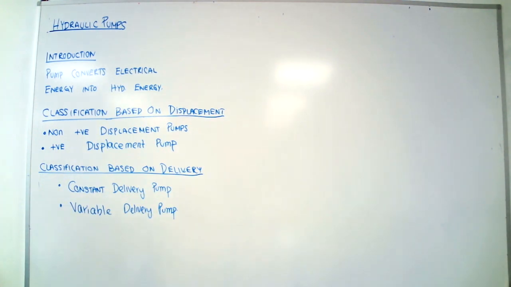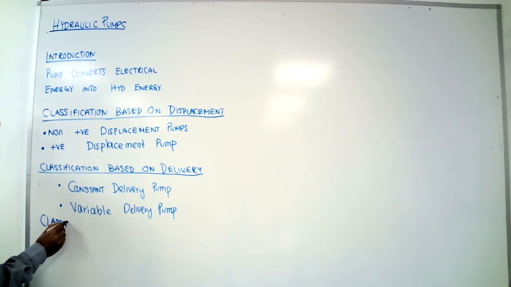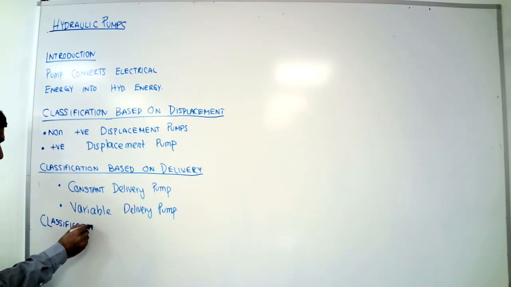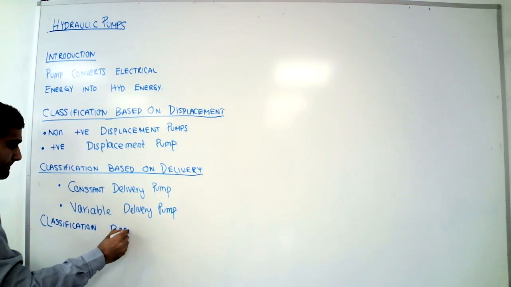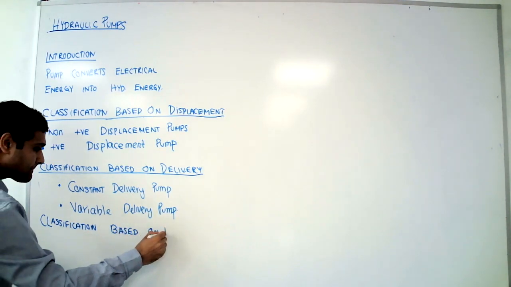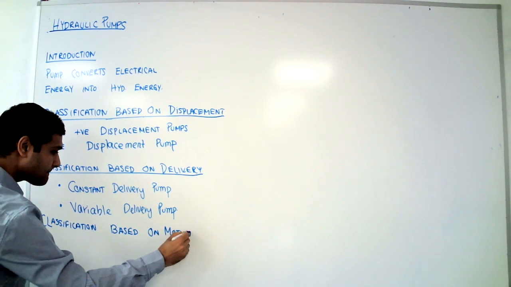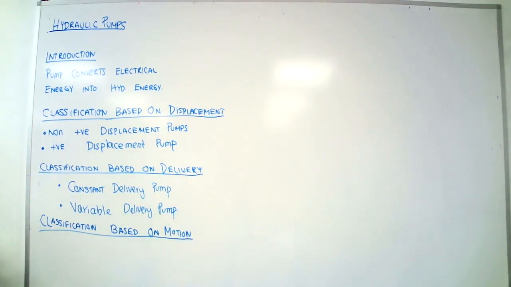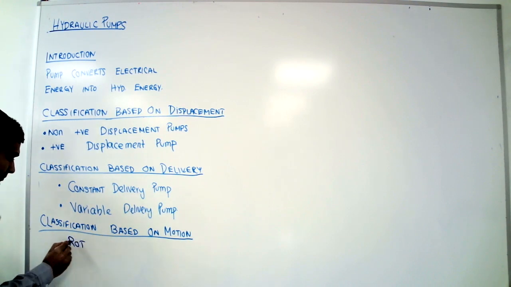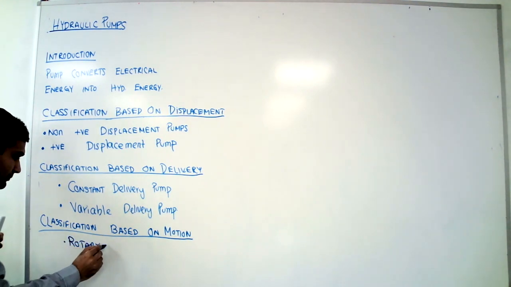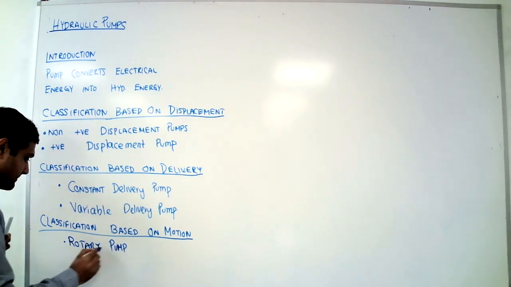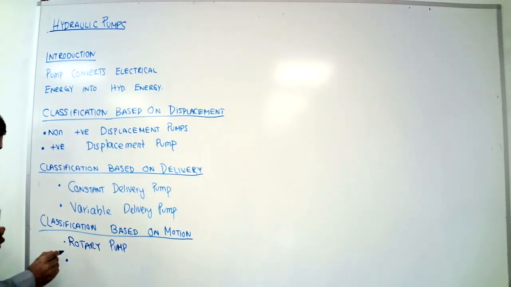These are the two main classifications. Then we have the classification based on the motion. The one based on motion is rotary pumps, and the other one is reciprocating.